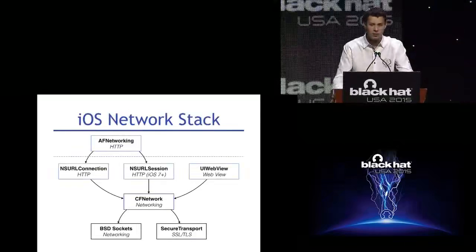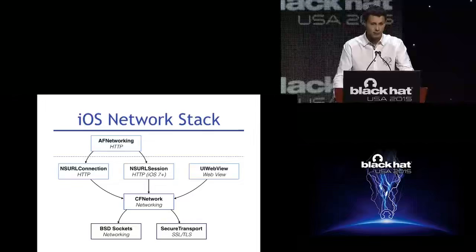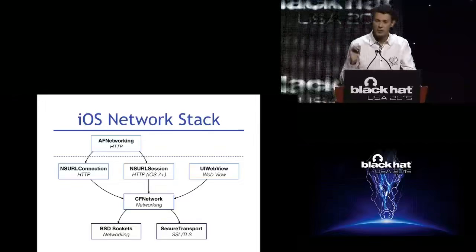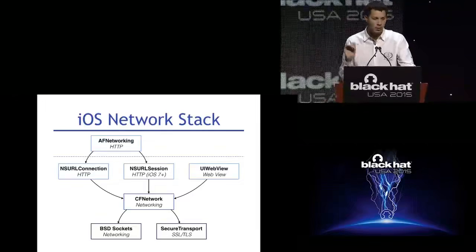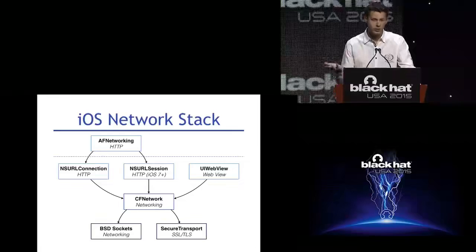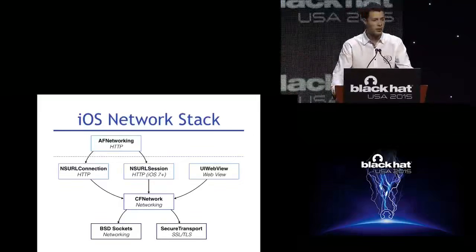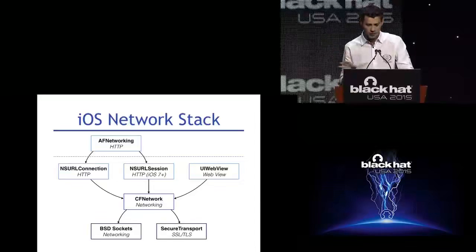If you look at the Apple network stack, there's a lot of different APIs you can use to do network connection, from low-level APIs like BSD sockets to higher-level APIs like NSURLSession, where you can do HTTP connections. What's interesting about that is that for anything SSL or HTTPS, they all use Secure Transport. Secure Transport, which is the one on the bottom right, is Apple's SSL stack, Apple's SSL implementation. So all the APIs you can use, they all use Secure Transport for SSL.